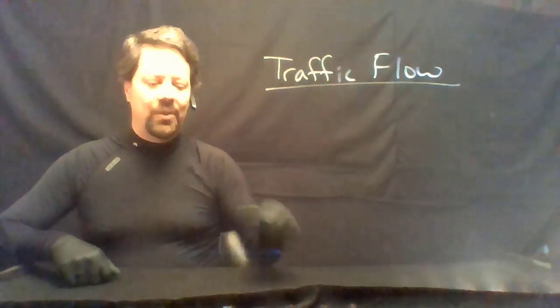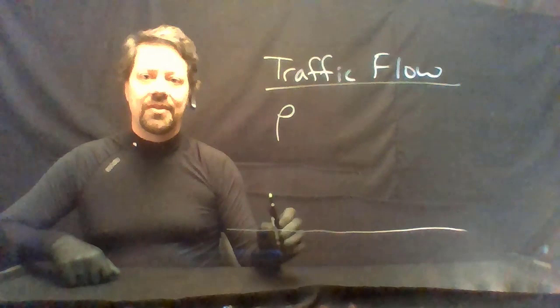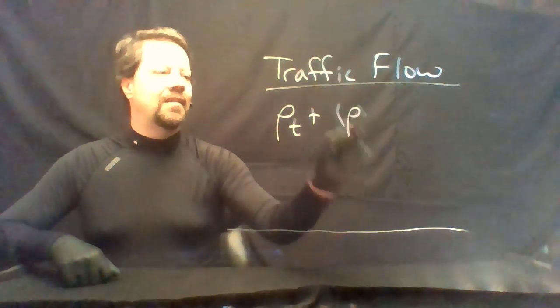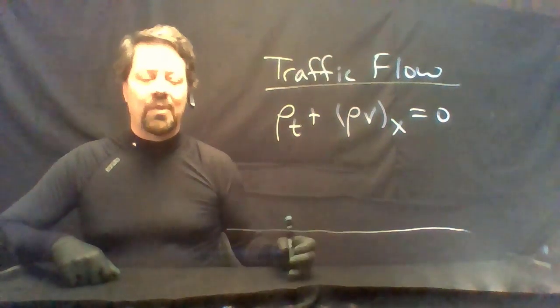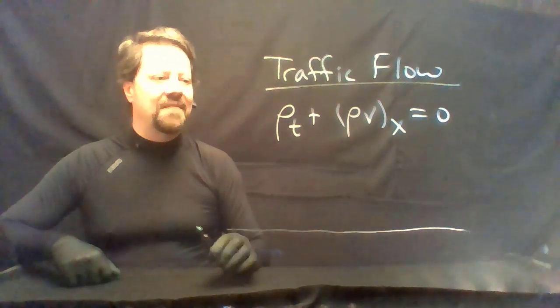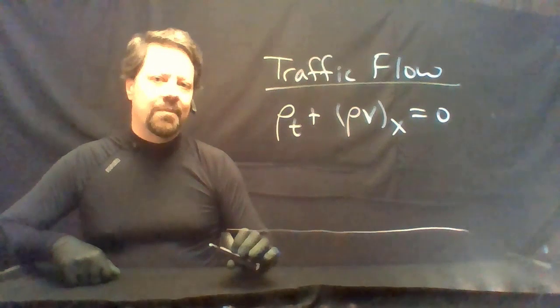As long as we are between on and off ramps on a freeway, there should be a conserved number of cars. This is a one-dimensional problem. It is a true traffic flow problem along the freeway. We have the problem that we have two state variables.